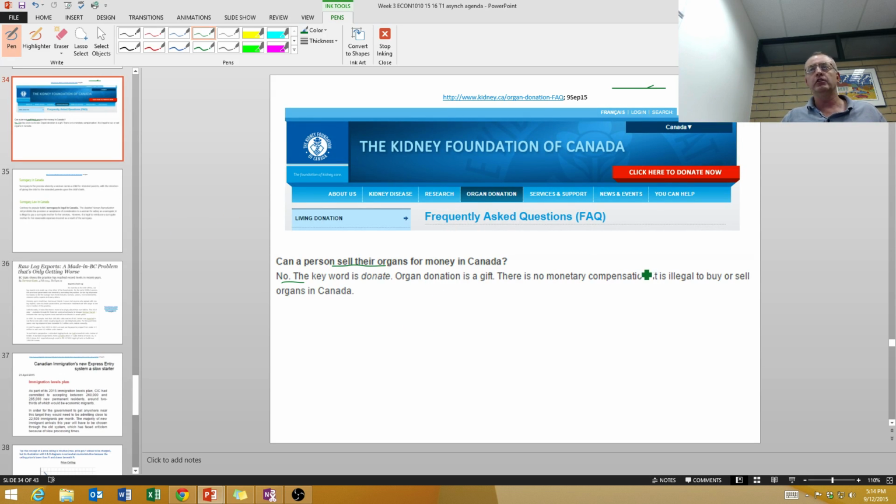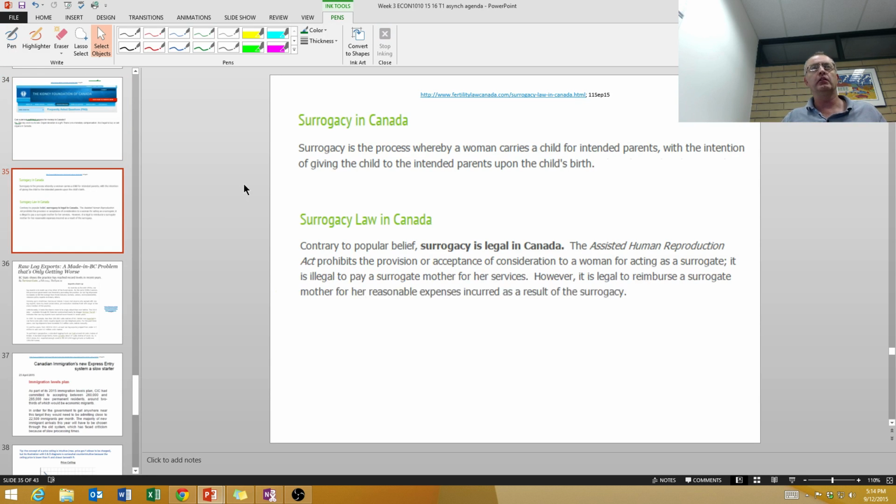And then another interesting product in Canada that's banned. It's not necessarily banned in all countries, but it is in Canada: so-called surrogacy. Actually, I shouldn't say this, because surrogacy itself in Canada is not banned.